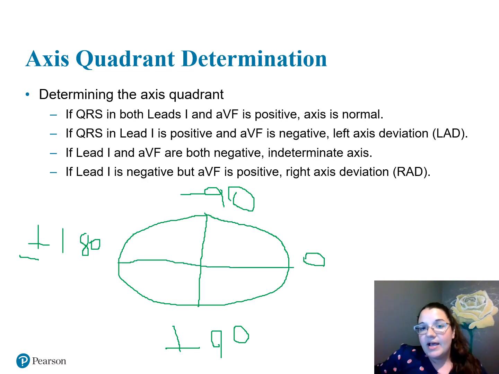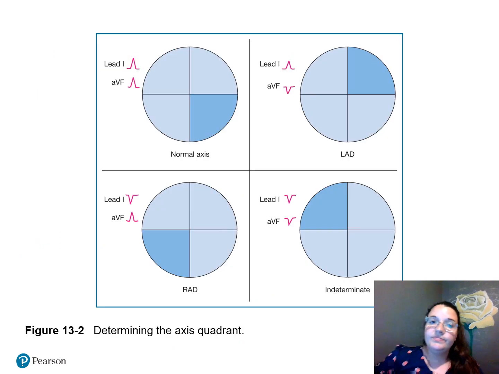So if I am positive and I am normal, I am right here, in between 0 and 90. If I am negative and indeterminate, I'm between negative 90 and 180. If I am positive in lead 1 but negative in AVF, I am LAD, between 0 and negative 90. And if I am negative in lead 1 but positive in AVF, I am RAD. They are the opposites. There you go. It puts it in perspective.